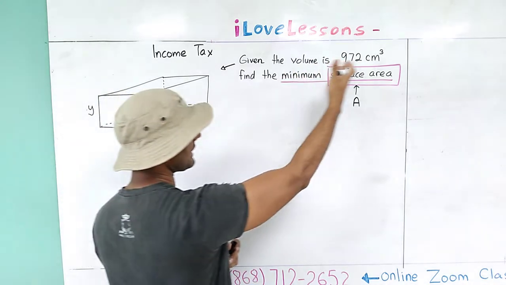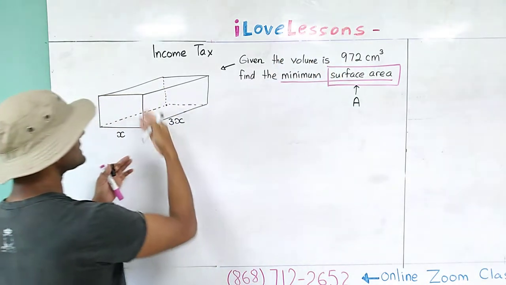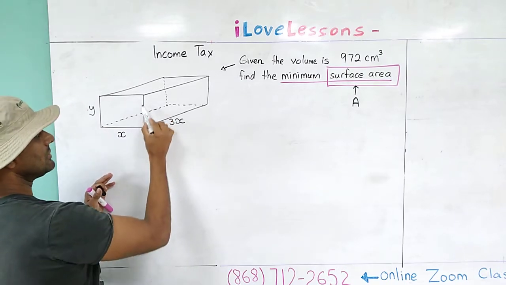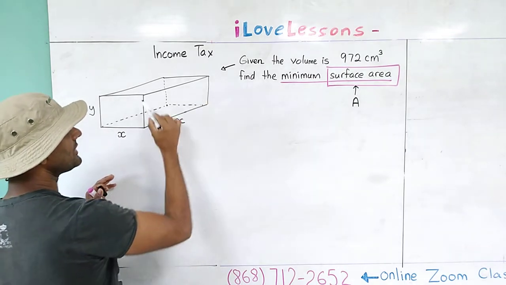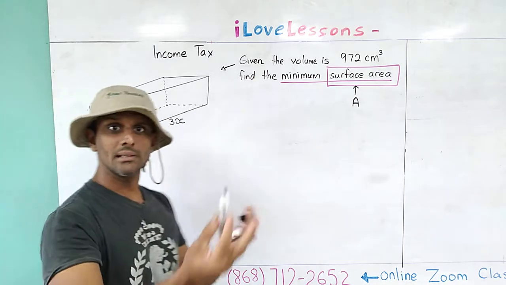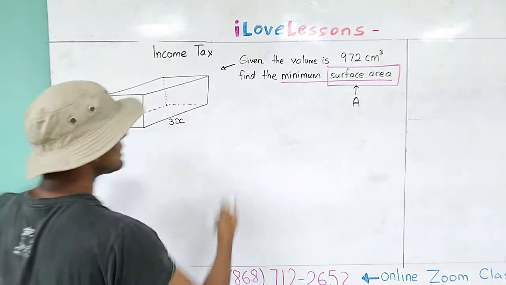I know how to find volume, but what about the surface area of a box? All you really need to do is find the area of each face, which are rectangles, and add them up. It's that simple. So let's start.